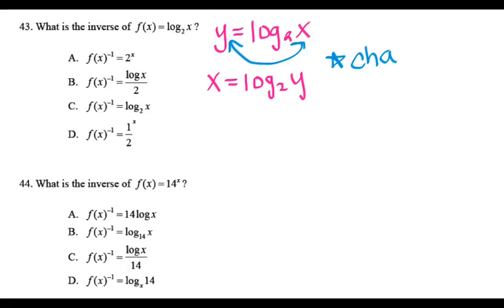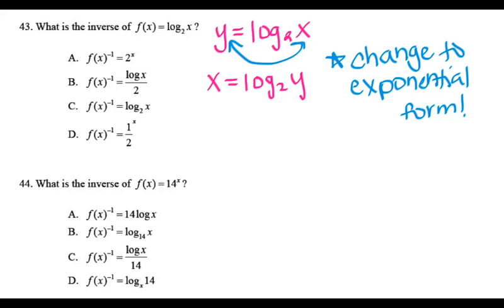Change it to exponential form. So I'm going to start with the base of my log, come across, that's my exponent, come back across, and that's what it equals, which is how you end up solving for y. So I have y equals 2 to the x. So your answer for this is A.